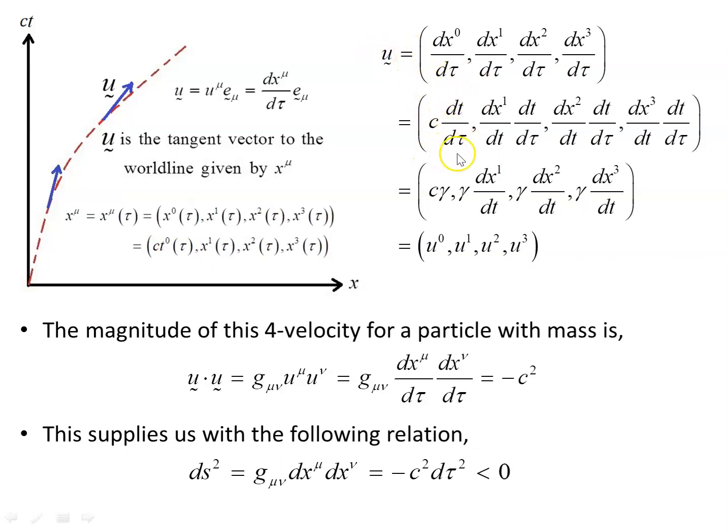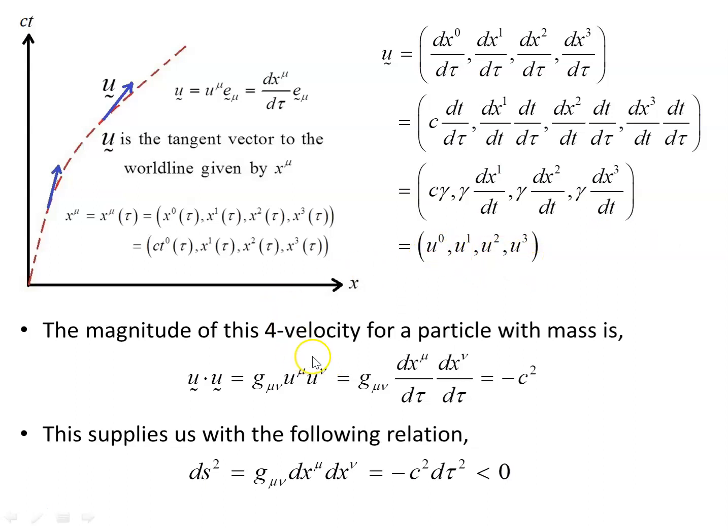The first spatial component is dx1/dt, coordinate time t, times dt/dτ, τ the proper time. That's how they're related. This dt/dτ is of course the gamma factor. So the forward velocity can be written as c times gamma, and then gamma times each of the derivatives of the spatial coordinates with respect to coordinate time. So we can represent it like this.